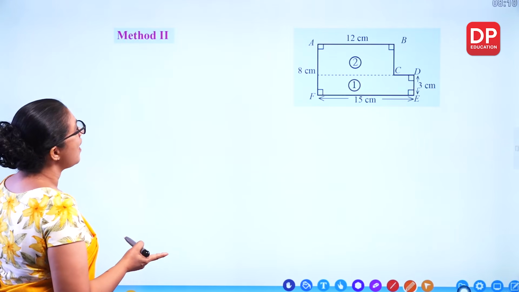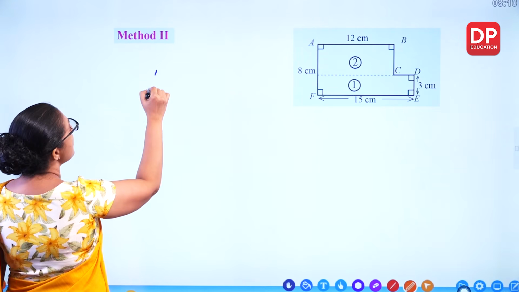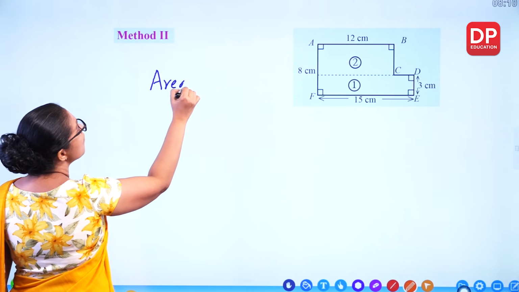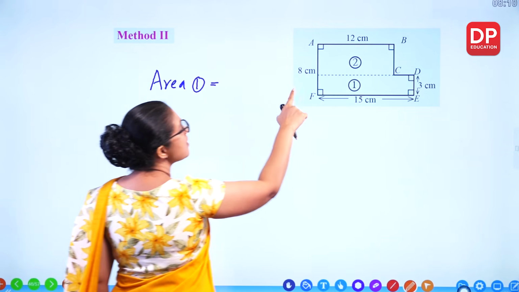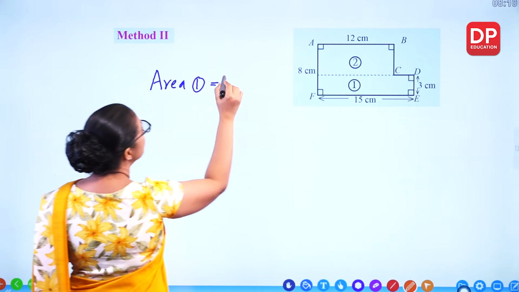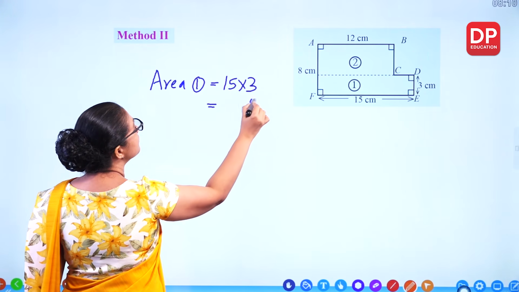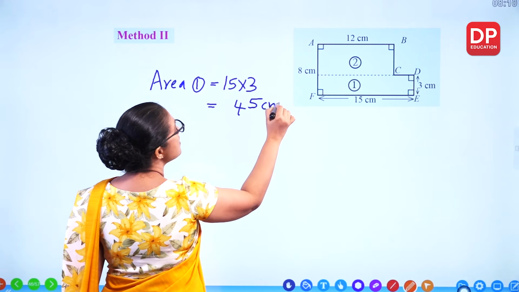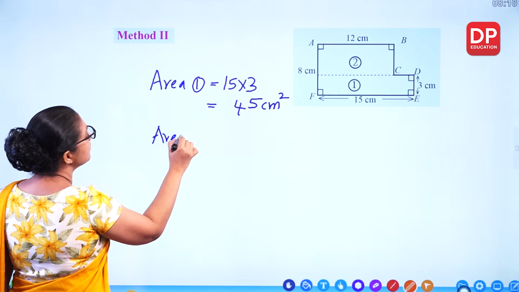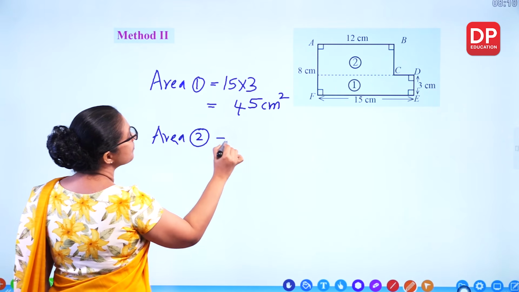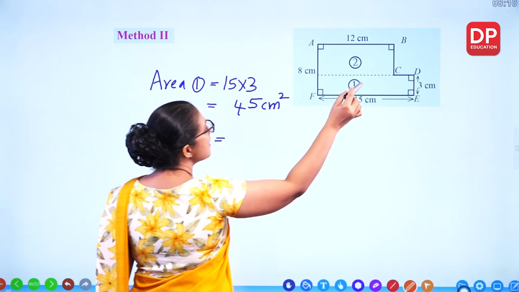Now we'll do the other way around. So we'll divide this way. So what's the area of the first part? When you take this rectangle, 15 and 3, you get 45 square centimeters. Area of the second part, 12, and what is this length?